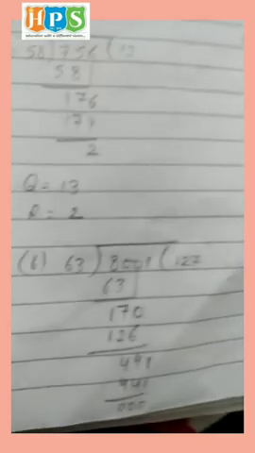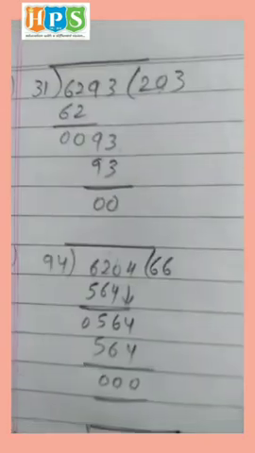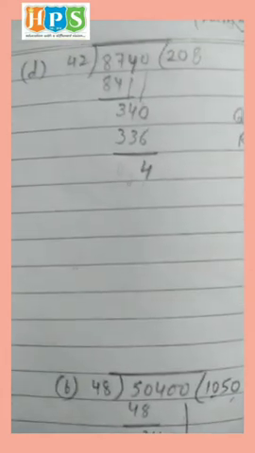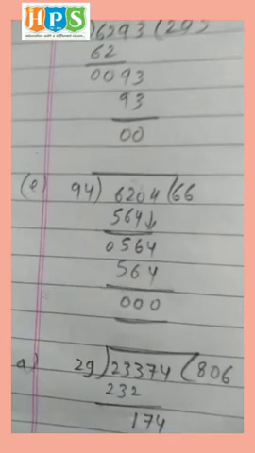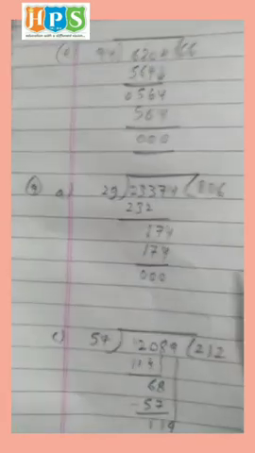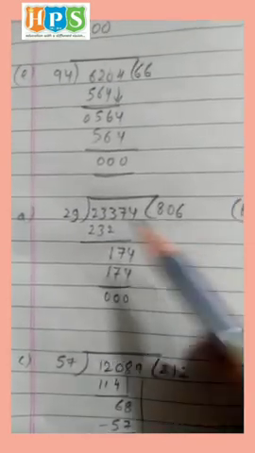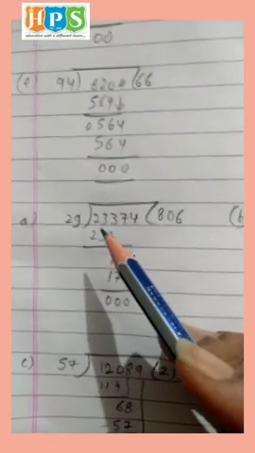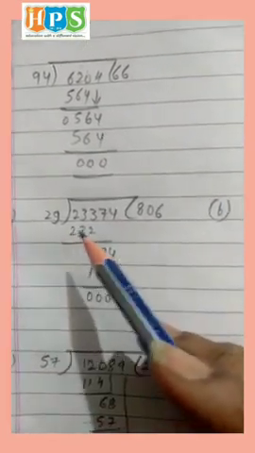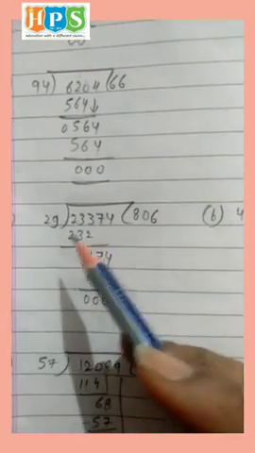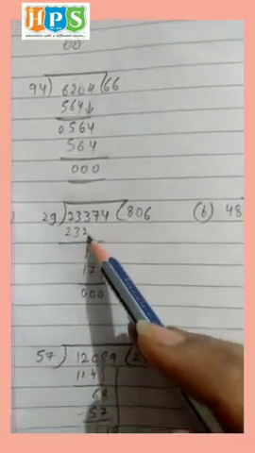8A, B, C, D and E. 9A. 23,374 divide 29. 29 8s are 232.